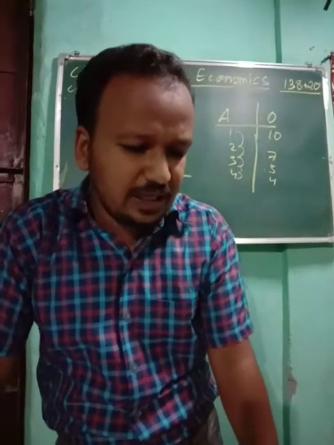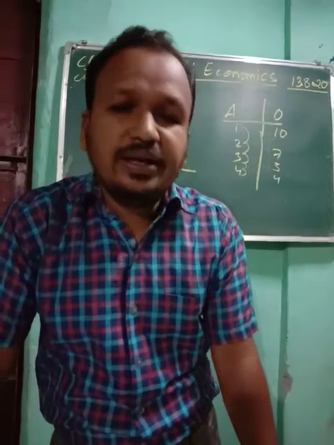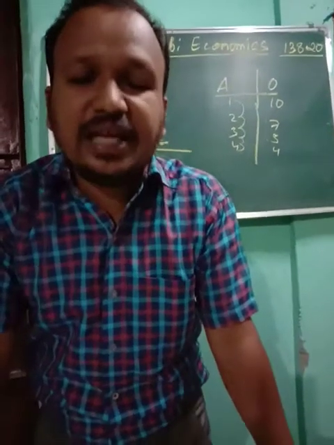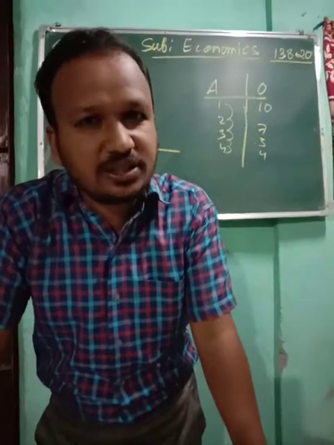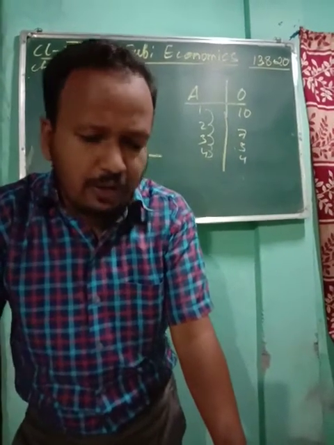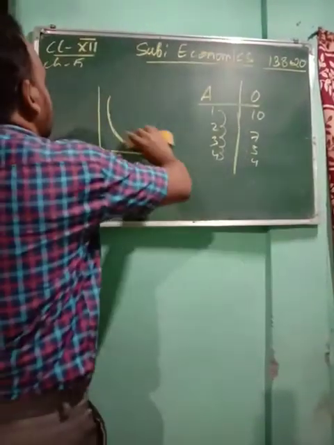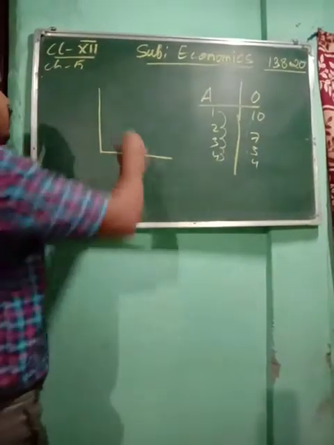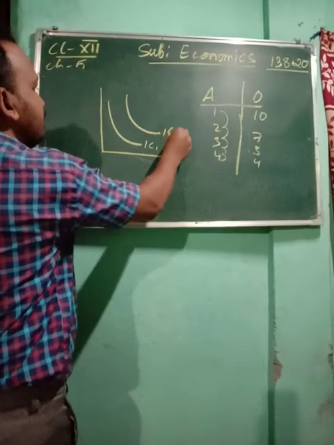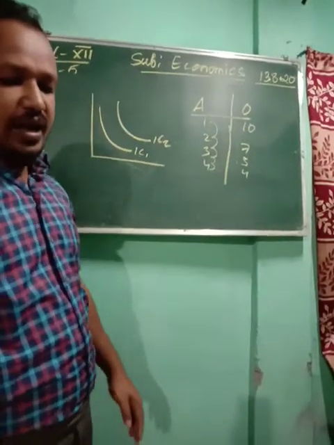Now next, the indifference curve yields higher levels of satisfaction. The higher the curve, the higher the level of satisfaction; the lower the curve, the lower the level of satisfaction. If you take two indifference curves and write IC1 and IC2, each indifference curve yields a different level of satisfaction.